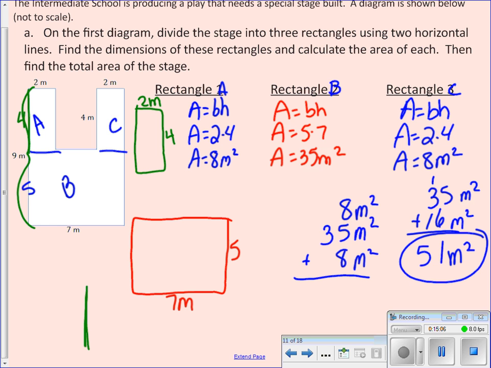Questions on where any of those numbers came from? I'm a little confused as to why you chose 4 for A and C and 5 for B. Because this 9 is now split here.